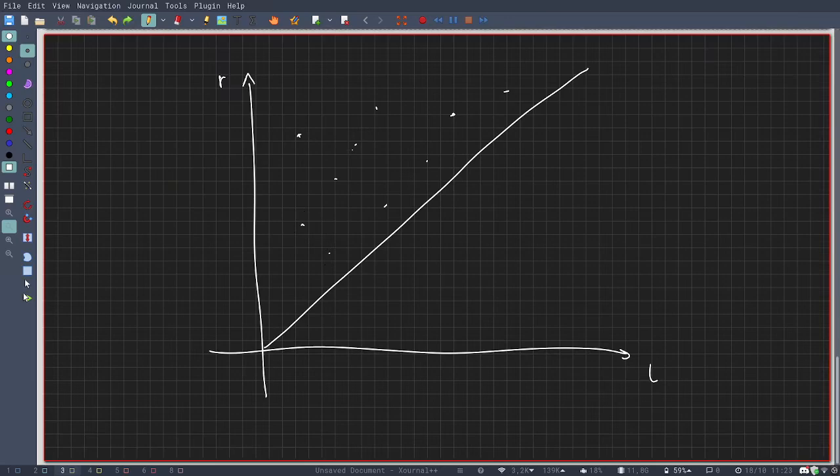But maybe sorting by L, sorting by R first, and then answering. In this case, let's assume we can move from (L, R) to (L, R plus minus 1), or even to (L plus minus 1, R).